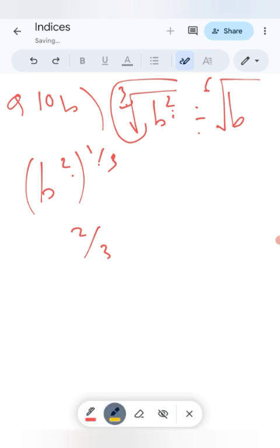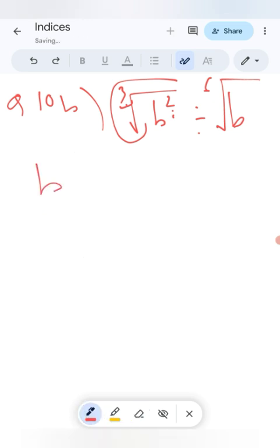So what I will be doing over here is b raised to the power 2 upon 3 divided by b. When there is no power, it's a 1. So the inside one becomes a numerator, outside becomes a denominator. So b 2 upon 3, divide means a minus 1 upon 6. Let's take out the LCM.